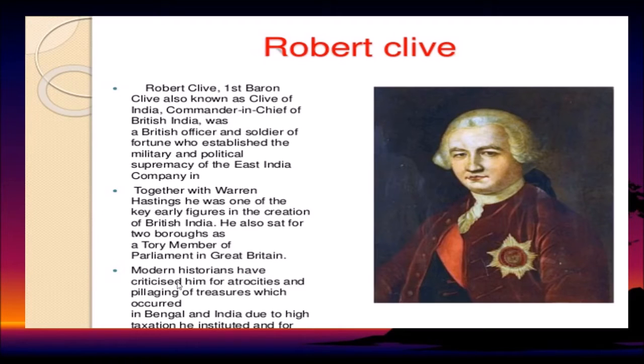Modern historians have criticized him for atrocities and pillaging of treasures which occurred in Bengal and India due to the high taxation he instituted. Although the company had become the ruler of Bengal, it continued to work like a trader and did not set up any regular system of assessment, and even in the collection also.